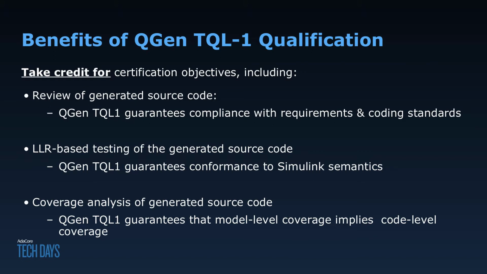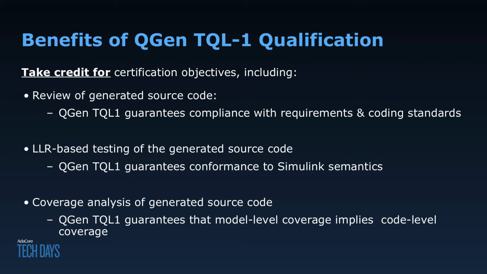So with that in mind, what do you get from QGen? You get to take credit for a large number of certification objectives. For example, you don't have to review your generated source code. Because you use QGen, and because QGen is TQL1, we guarantee that you have compliance with your requirements, and we guarantee that you have compliance with coding standards.